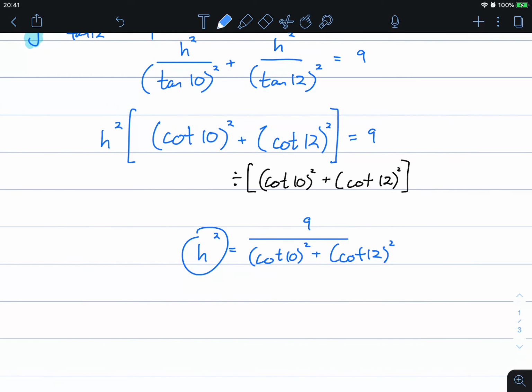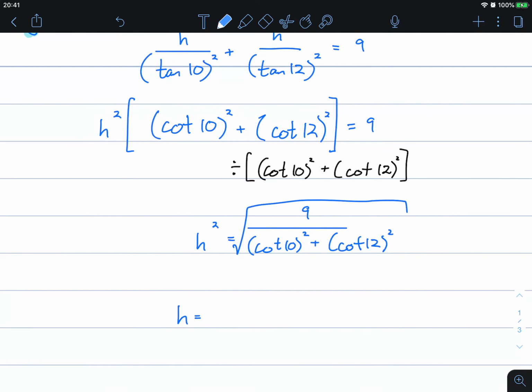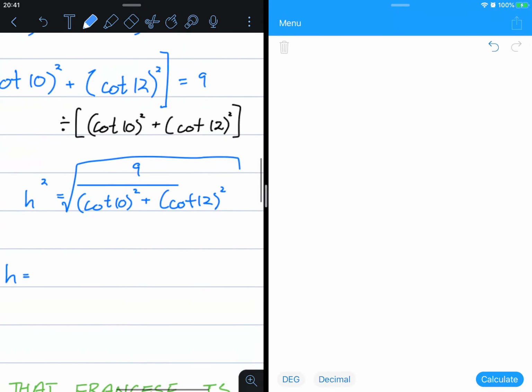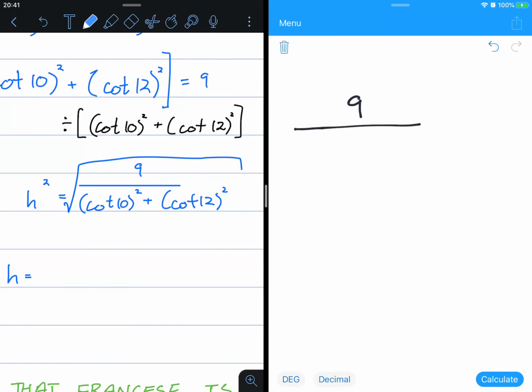Then we take the square root of everything. H is equal to the square root of everything here. Now this is what we need to type into our calculators. Here we go. This is going to be 9 on cot of 10 squared, which is 1 on tan 10 squared, plus cot of 12 squared, which is 1 on tan 12 squared.